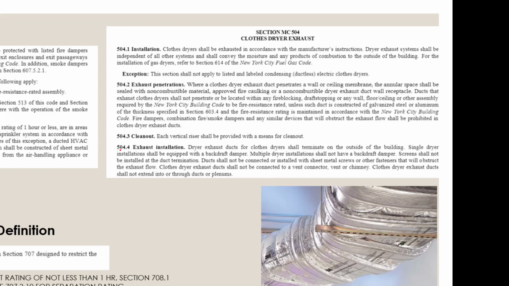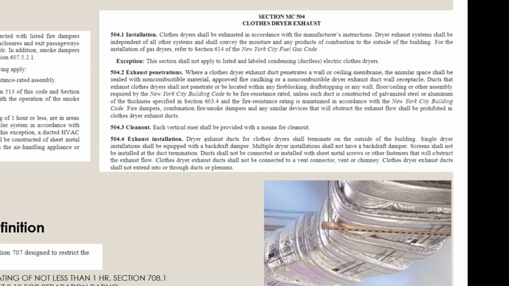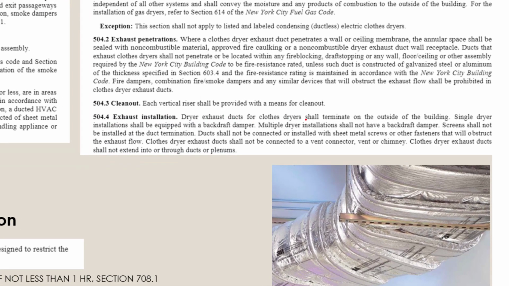And also another section I want to point out is this here, and it basically states that dryer exhaust ducts for closed dryers shall terminate on the outside of the building. Single dryer installation shall be equipped with a backdraft damper. Multiple dryer installations, typical that you see in a commercial laundromat, shall not have a backdraft damper, and screens shall not be installed at the duct terminations.